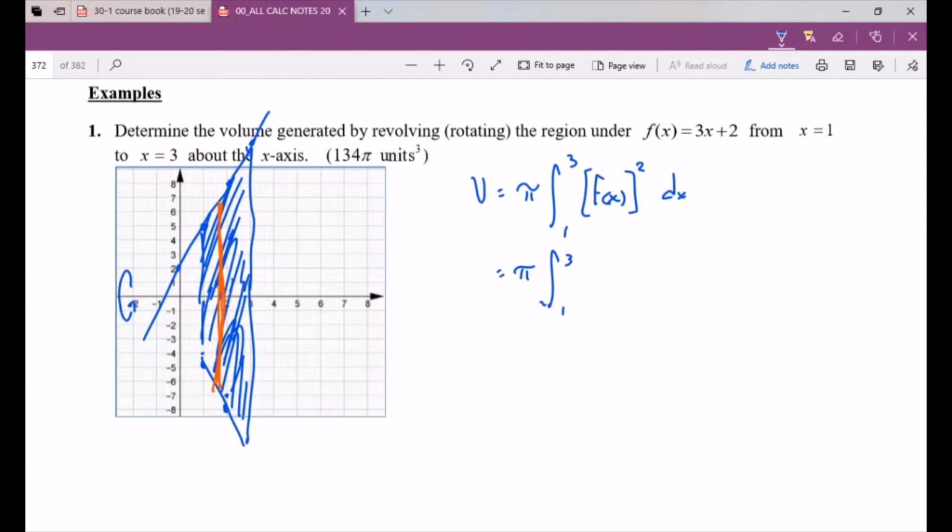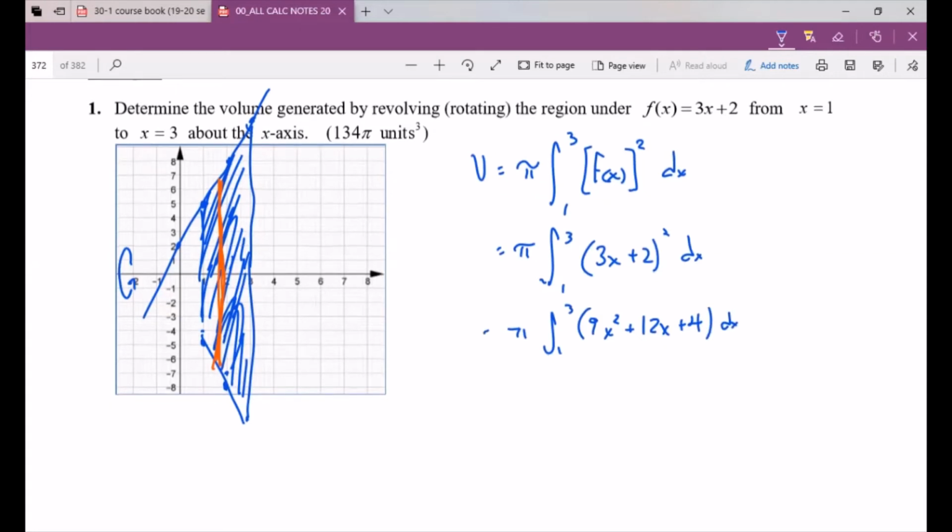It has nothing to do with our integration, so we're just going to leave it out here for now. This is the integral of 3x plus 2 squared dx. So therefore, the integral of 9x squared plus 12x plus 4 dx. And we're now ready to integrate that.